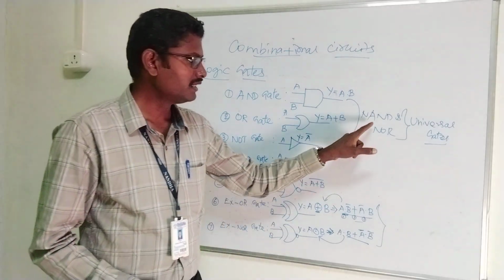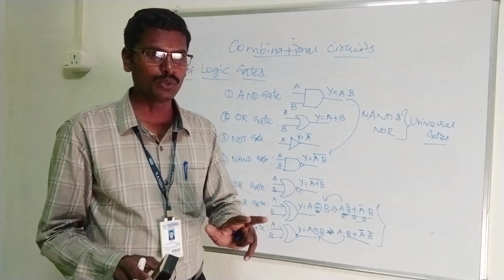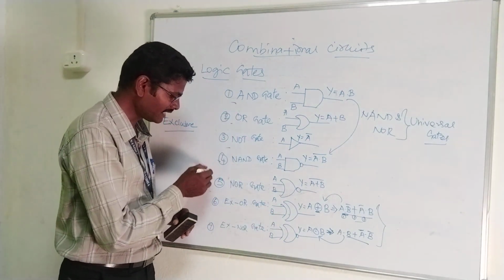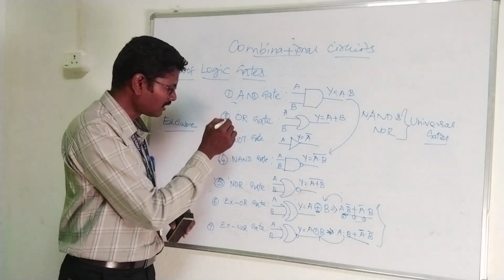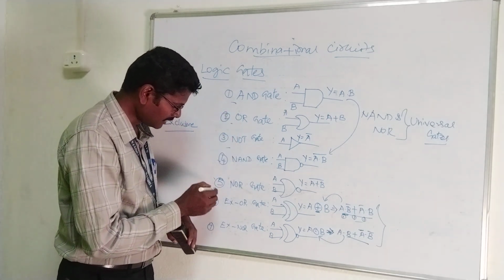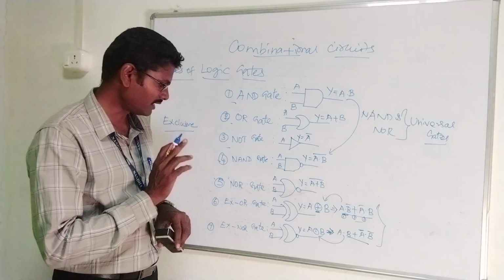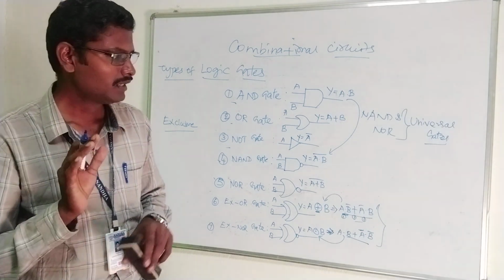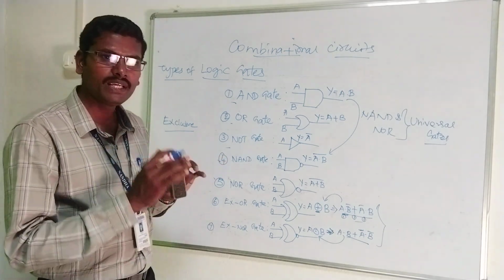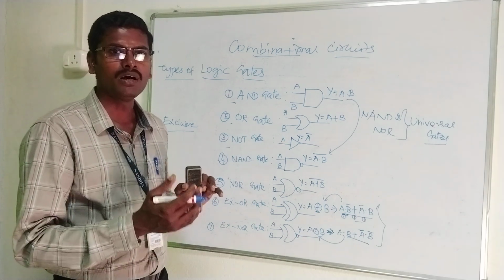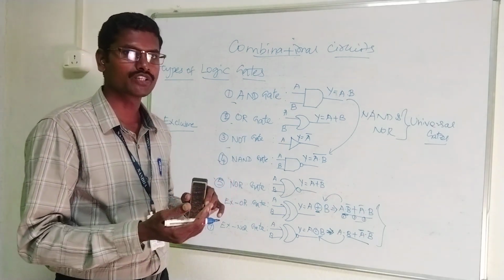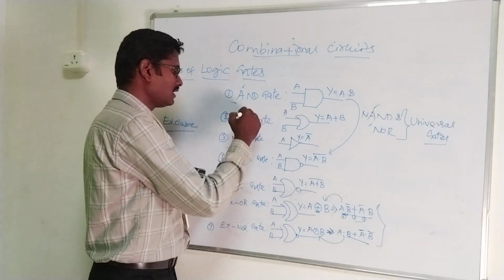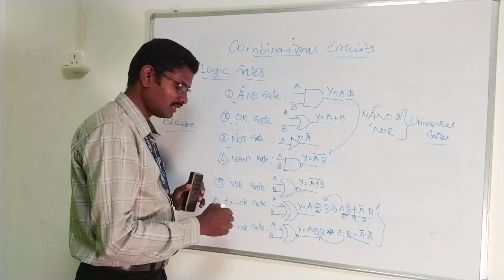Assume we don't have the other gates like AND, OR, NOT, XOR and XNOR; we have NAND and NOR alone in our hand. In this situation, we can do the operations which AND, OR, NOT, XOR and XNOR do with the help of NAND and NOR.